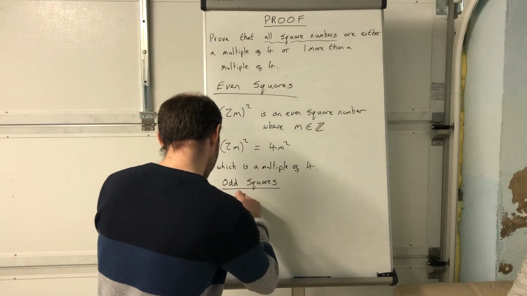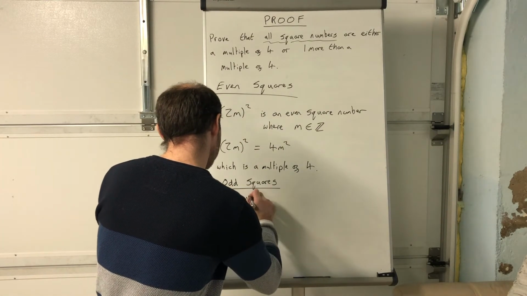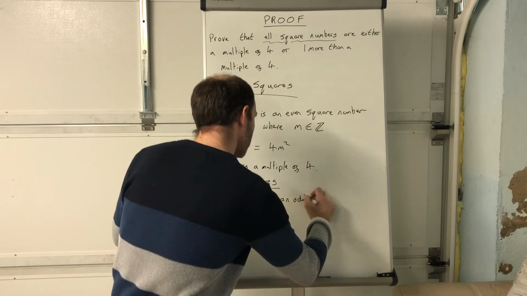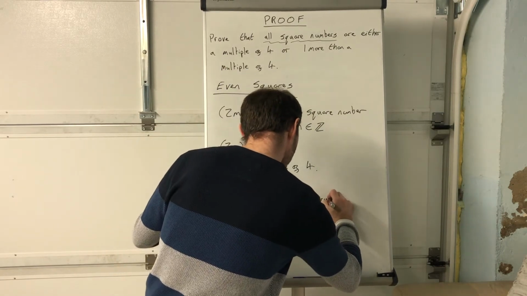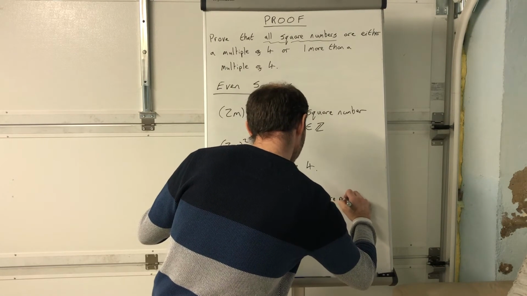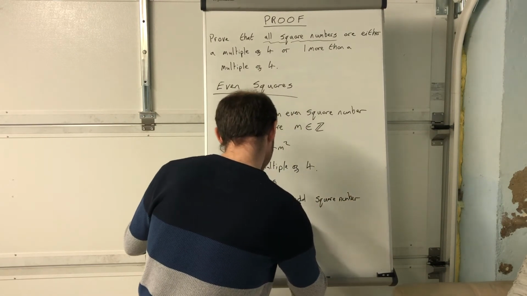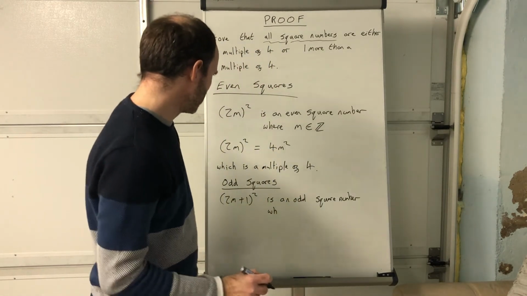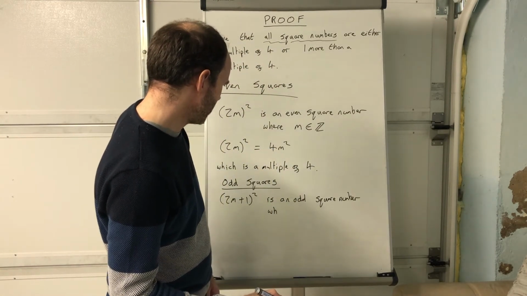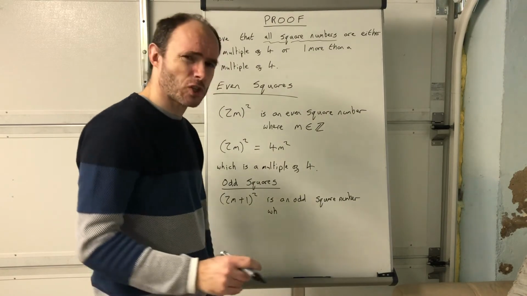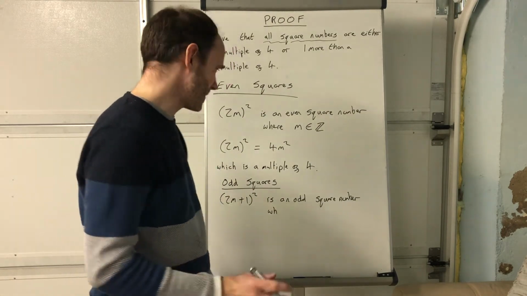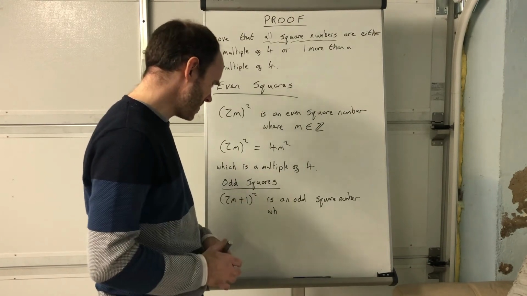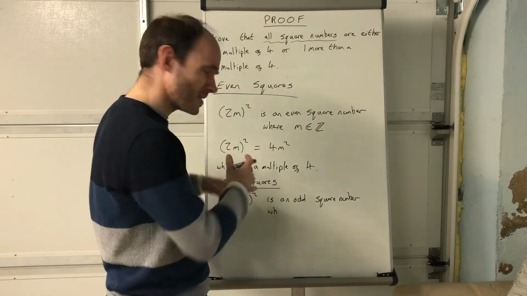So 2m plus 1 squared is an odd square number where, decision time. Should I use m or should I use a different letter? Strictly speaking, I can get away with using m because I'm considering them separately.